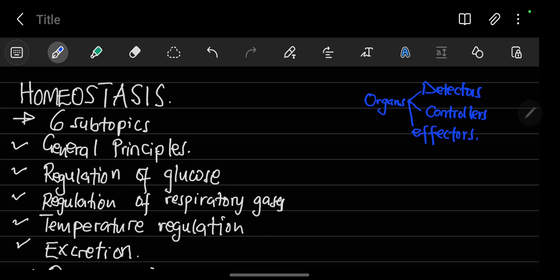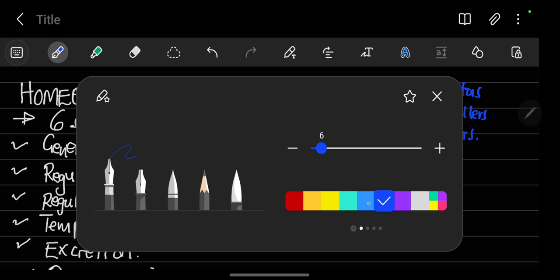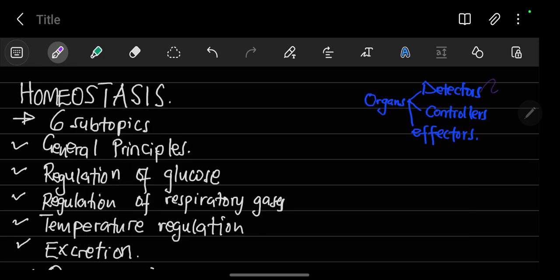So the detectors, as you hear that word detection, are going to be detecting any deviation from a set point. Then controllers are going to be bringing back that deviation to normal.